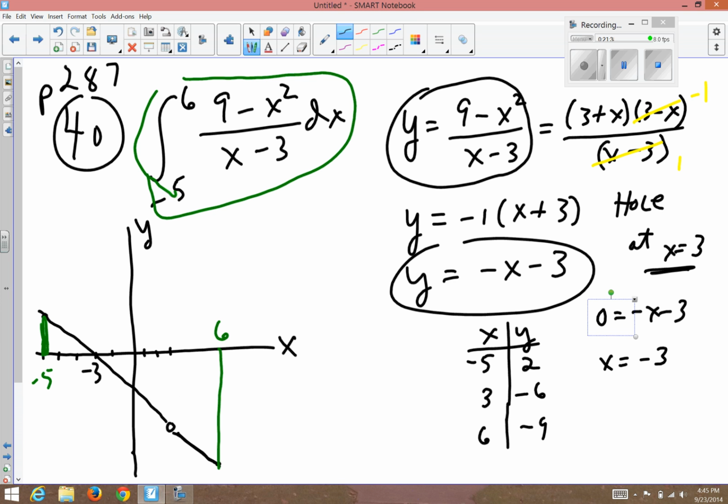Since part of this graph is below the x-axis, the integral is going to be this red area, which will be a positive number because that is above the x-axis.